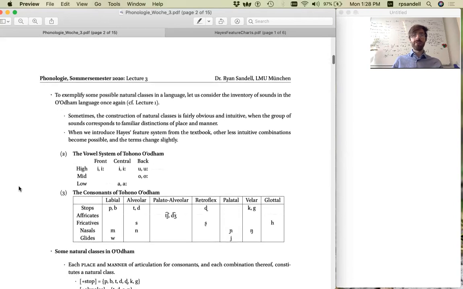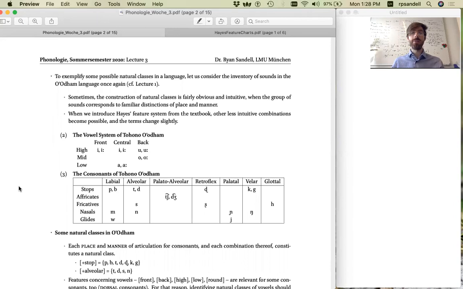Now, to more precisely exemplify how some natural classes might look in a specific language, let's consider again the inventory of sounds from the O'odham language that we already saw in lecture 1. Now, in many cases, I think you will find, insofar as you are already familiar with the notions of place and manner of articulation, which hopefully you are, and you've been able to review that using the first chapter of Hayes' textbook, identifying natural classes in a lot of instances is going to be fairly obvious and intuitive.